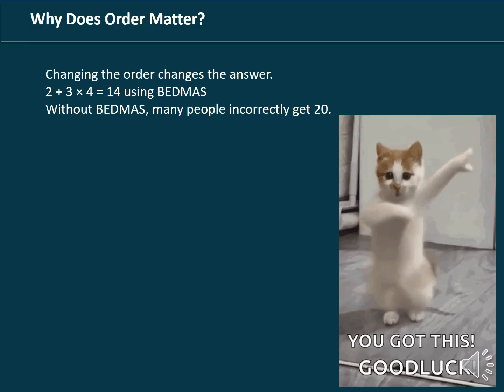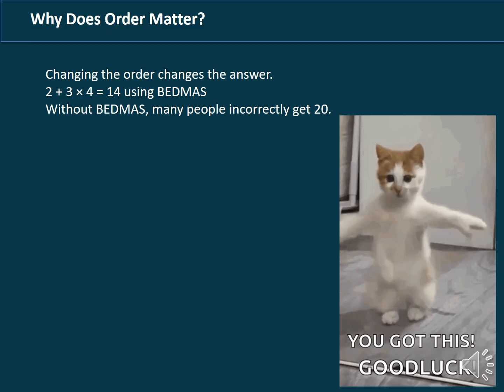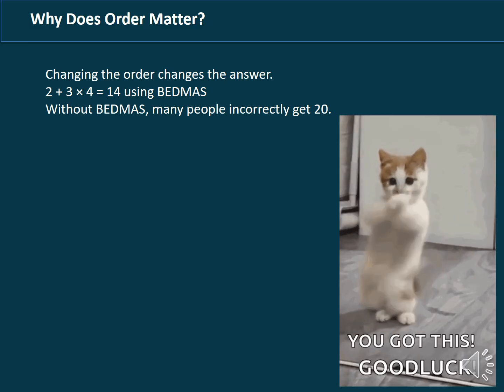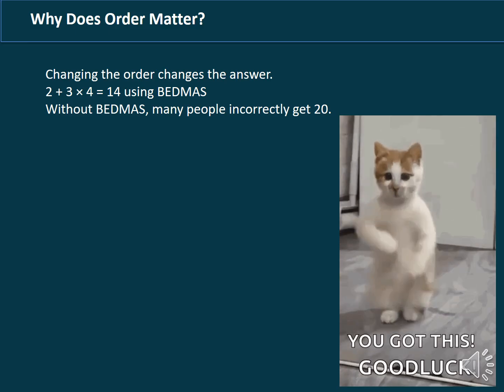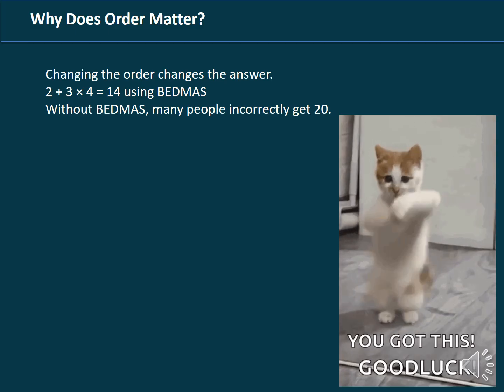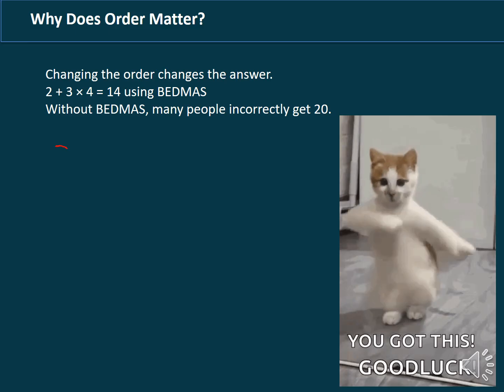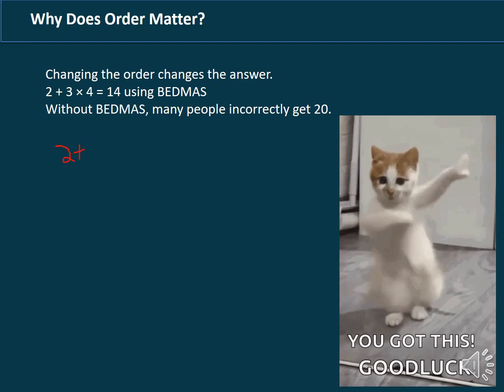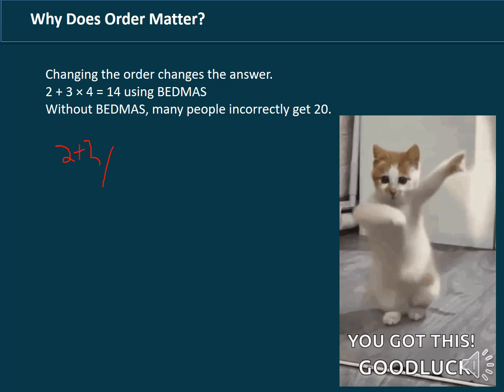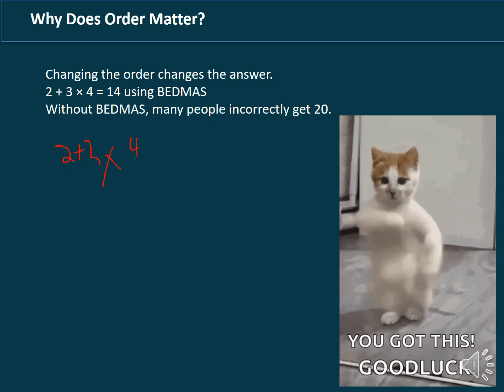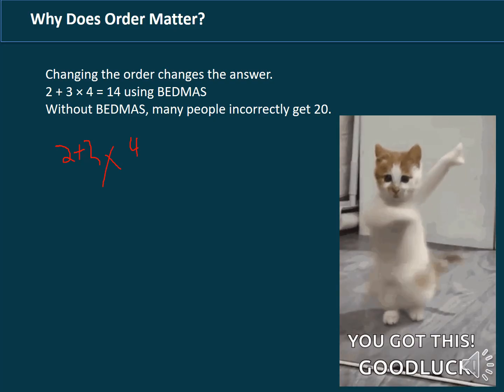Why does the order matter? Changing the order changes the answer. Like if you do 2 plus 3 times 4 equals 14 using BEDMAS, but without BEDMAS, many people might incorrectly get 20. Well, many people might go 2 plus 3 times 4 equals 20. Well, they say this because they do 2 plus 3 first.